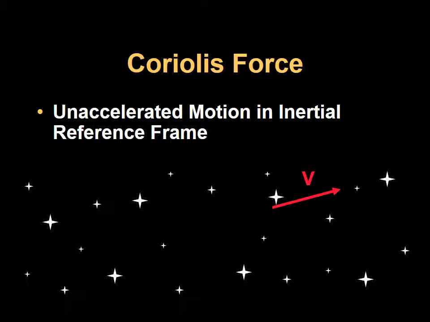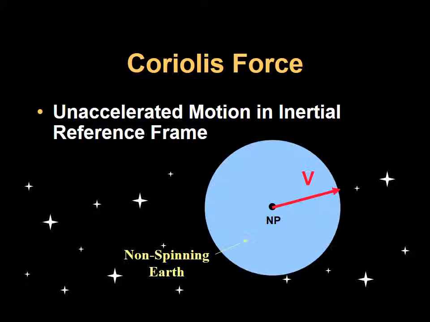Now, if we have something that's traveling through space at a certain velocity, we can reference it to an inertial reference frame. It's moving along unaccelerated. But let's put it on a non-rotating Earth. If that's the case, then it looks the same. If the Earth is not rotating, not spinning, then it moves through space, and in this case we're just having it move from the North Pole to the equator.